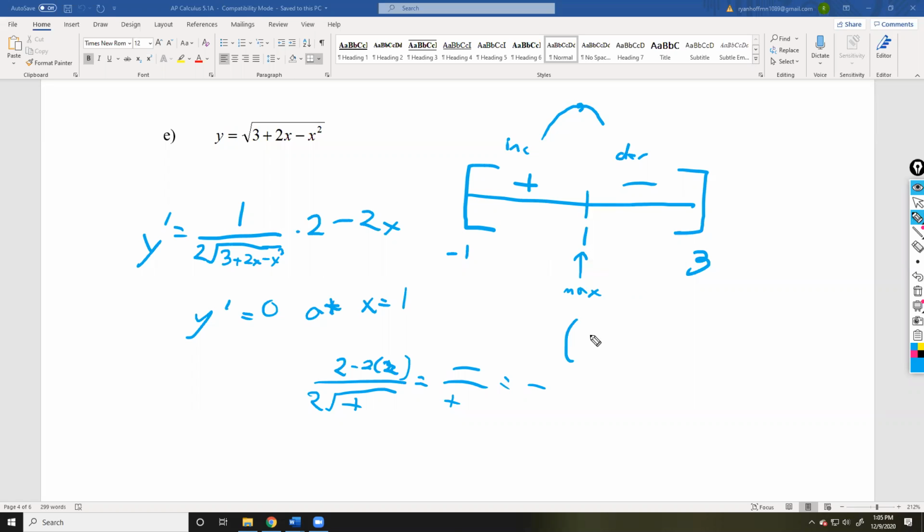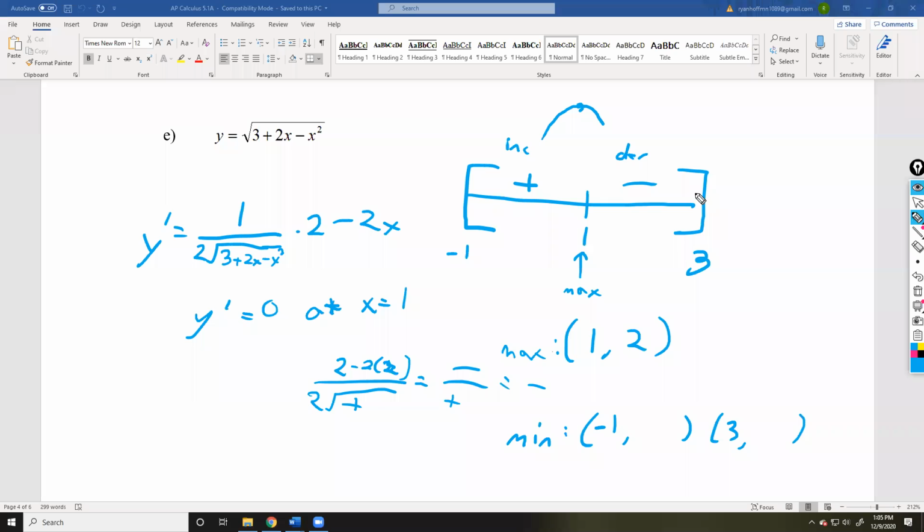And so for our maximum, if I plug 1 into the original function, I'm going to get out 2. So that's going to be my maximum. For my minimum, I plug -1 and 3 into the original function, because that's going to be my smallest value.